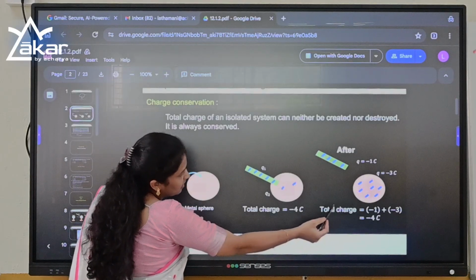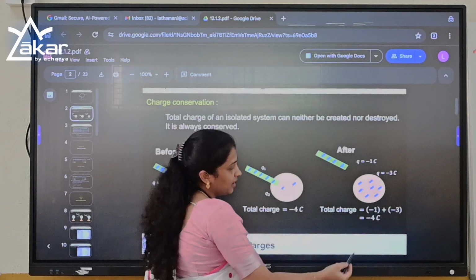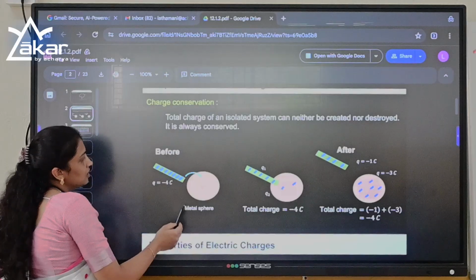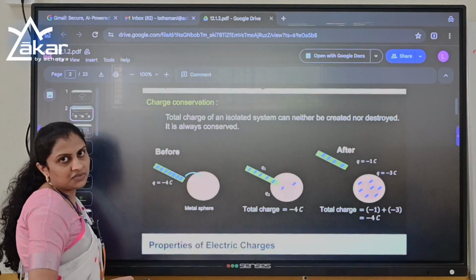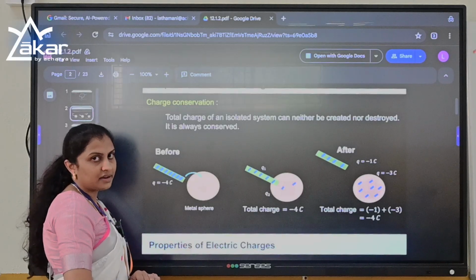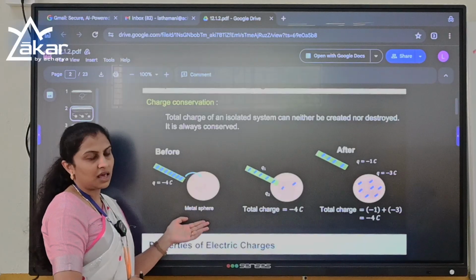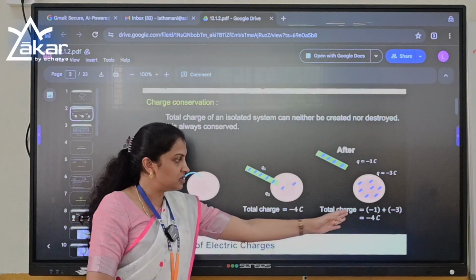After, minus 1 plus minus 3 gives minus 4C. So this is the second property, conservation of charge. It can neither be created nor destroyed, so before and after the charges remain the same.